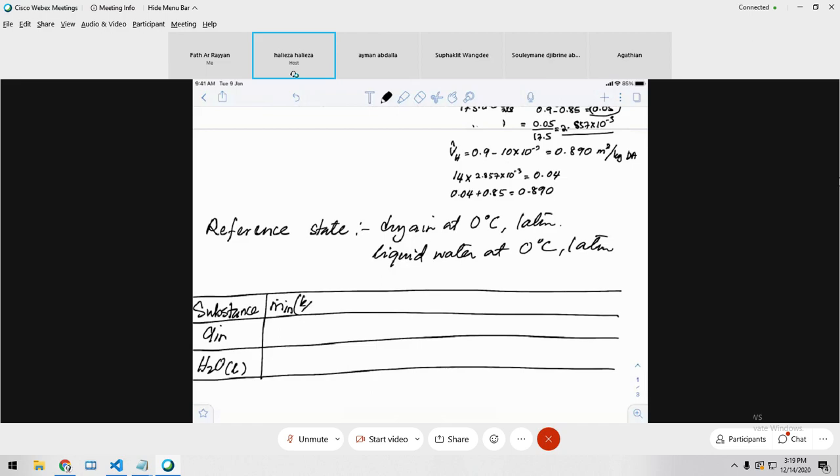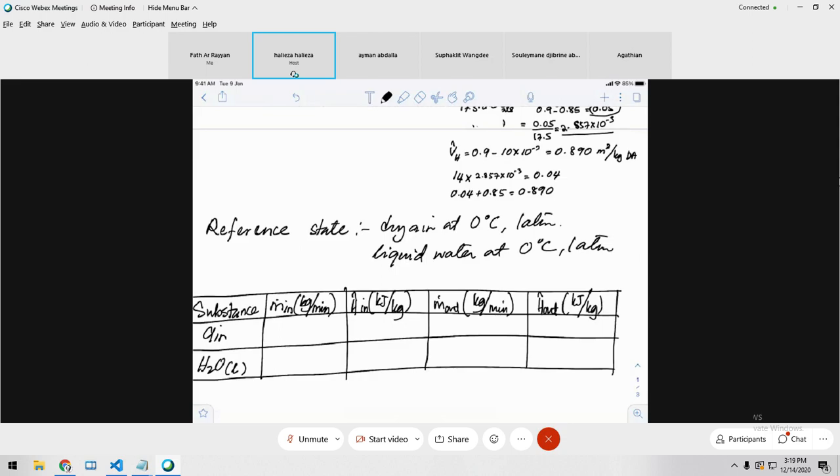Your specific enthalpy in, kilojoules per kilogram. And your flow rate out, kilogram per minute. And your enthalpy out, kilojoules per kilogram.